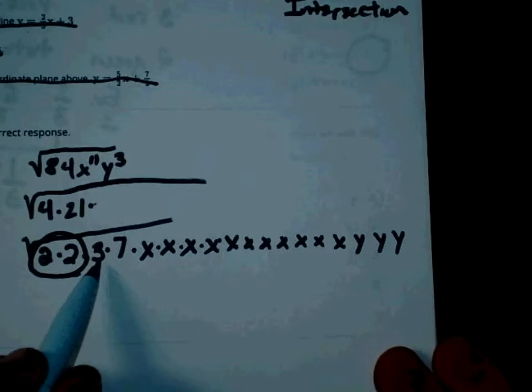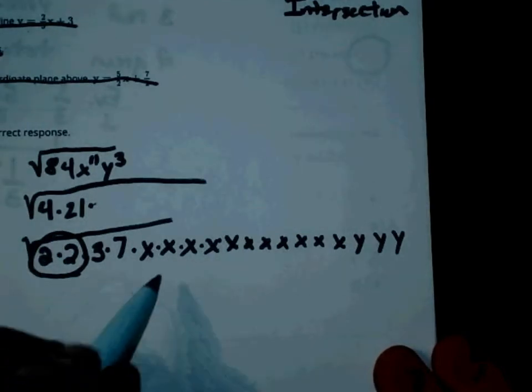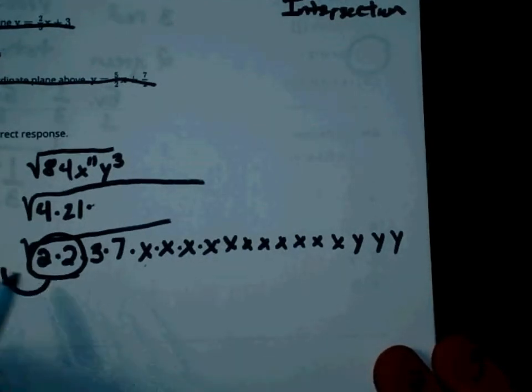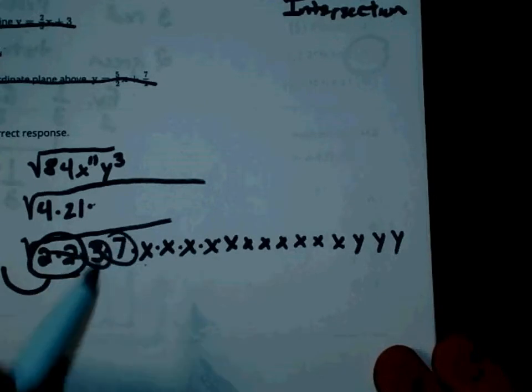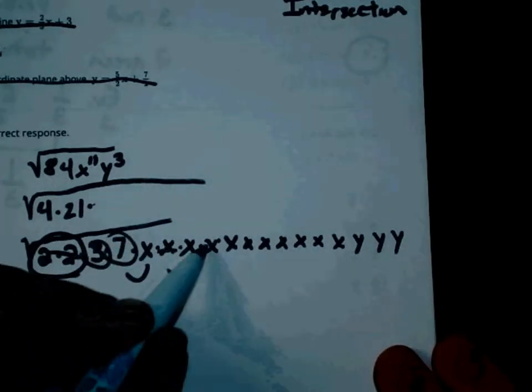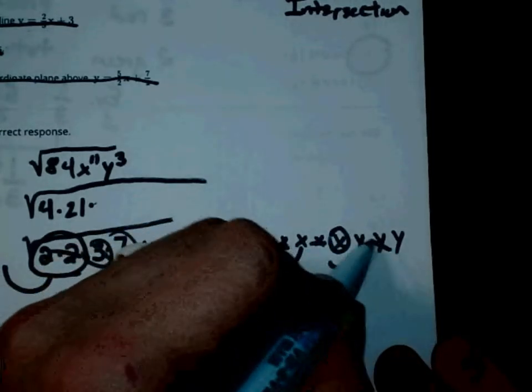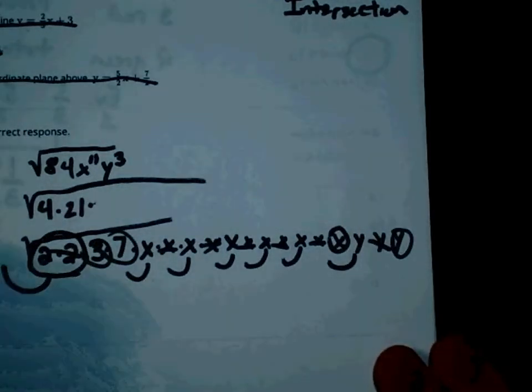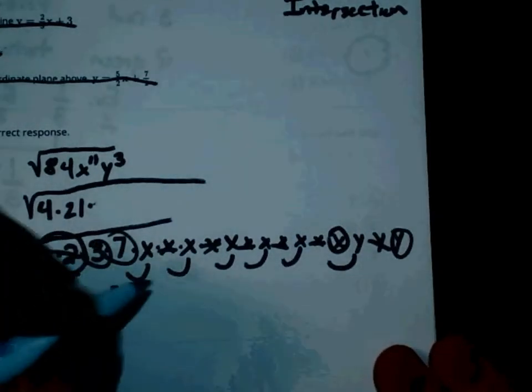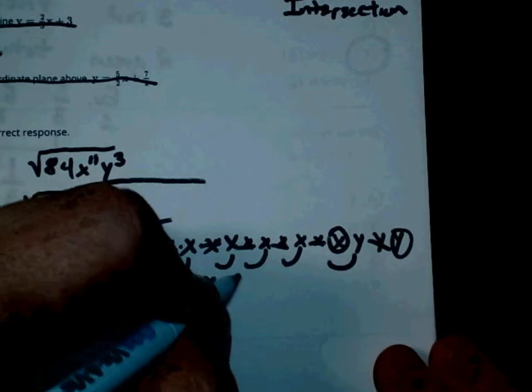Anything right here? No, so it's going to stay. Then I start going: one comes out, one's gone; that and that stay; one comes out, gone; and so on. So what do I have coming out? I have a 2, and some x's.